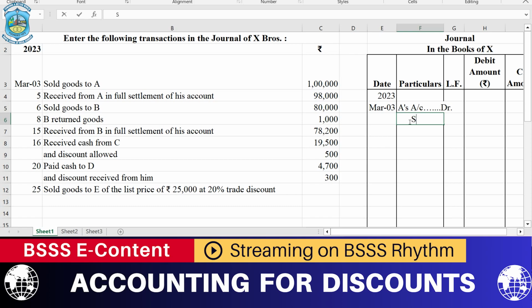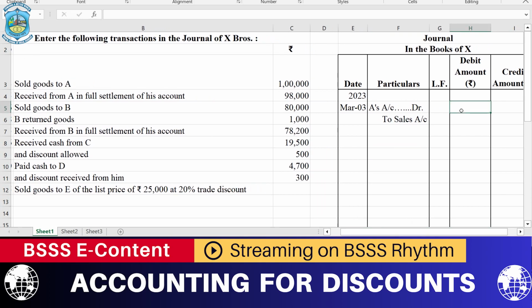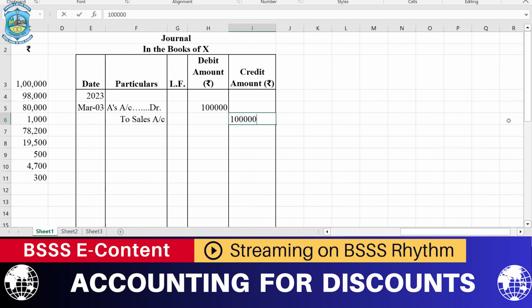Sales has been credited because sales is a revenue, and we would simply write the amount, that is rupees 1 lakh, both in the debit column as well as in the credit column.